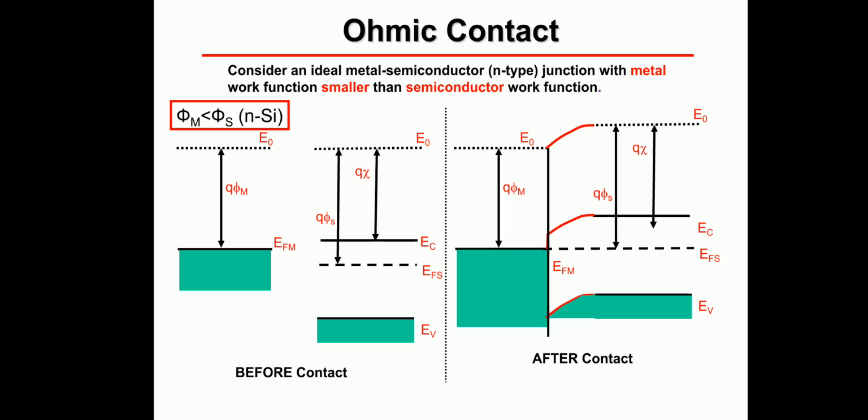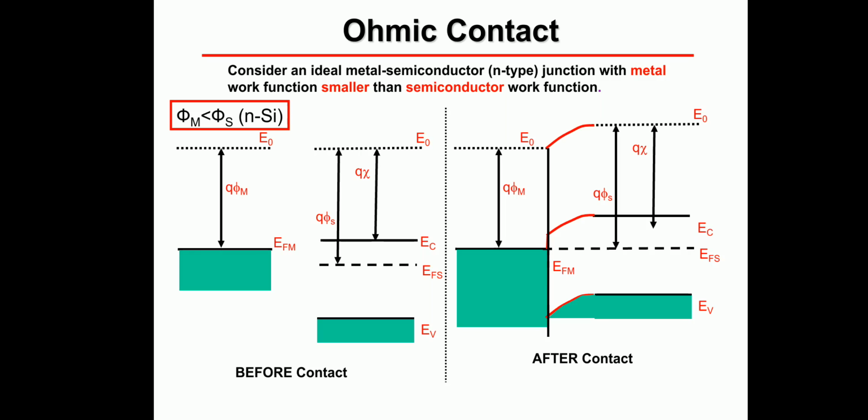After contact formation, it will try to align the Fermi level. The alignment will happen by transferring electrons from metal to semiconductor, because the Fermi level of the metal is higher than that of the semiconductor. So the electrons will transfer from metal to semiconductor to align the Fermi level at equilibrium.